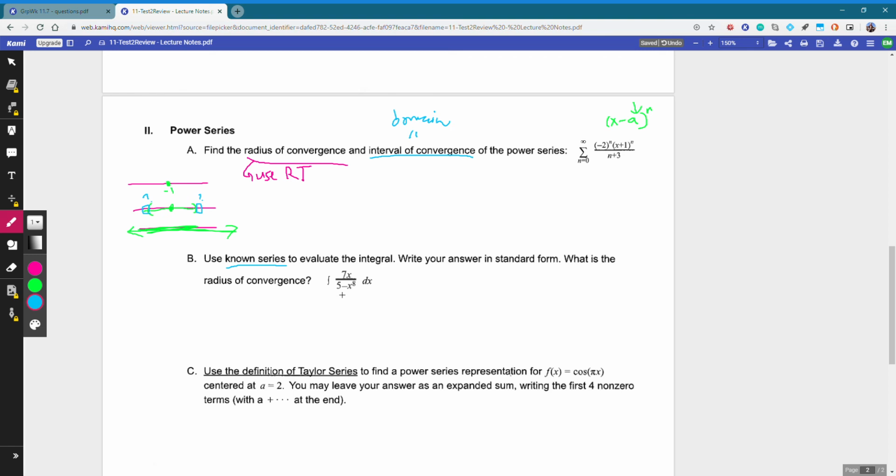And so looking at the function that we can see here, which one of those are we going to be able to make use of? It's actually going to be our very first one, the 1 over 1 minus something, with maybe some stuff out front.